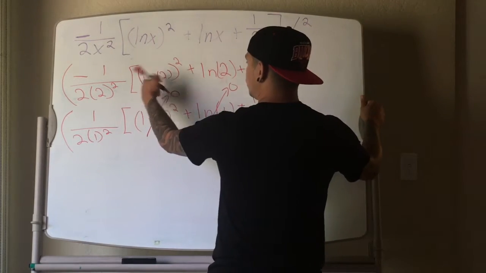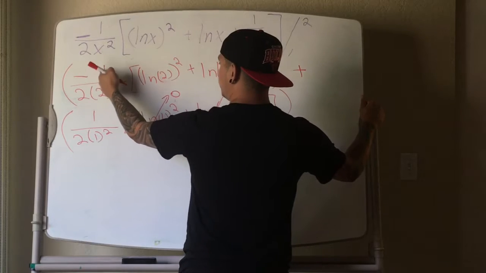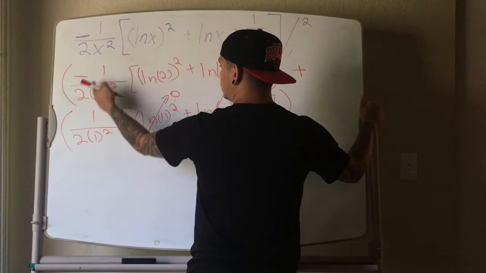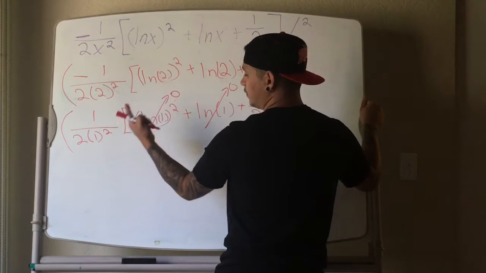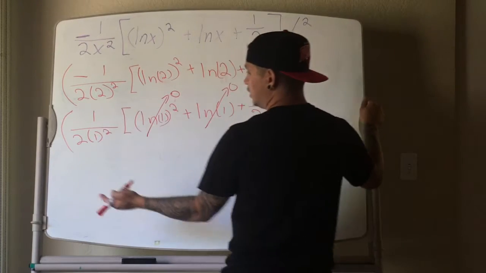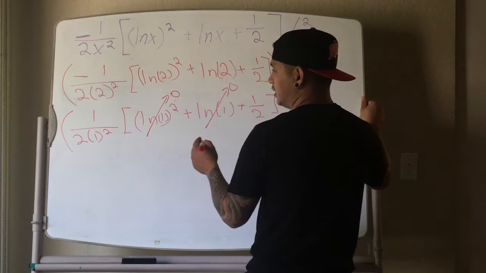So when we multiply this, so this is 1/4, 1 times 2 times 2, 2 squared is 4. 4 times 2 is 8. So let's not do that.